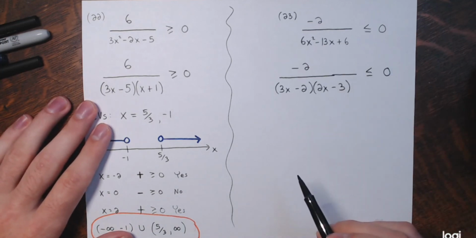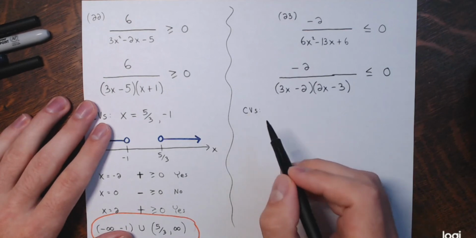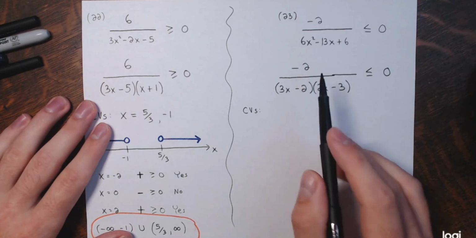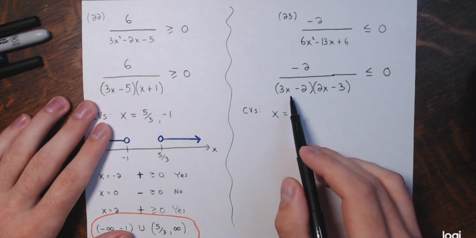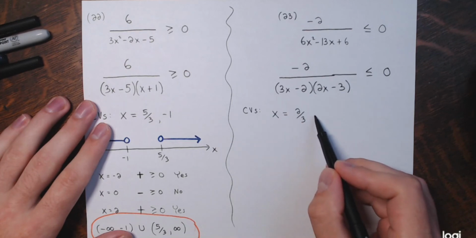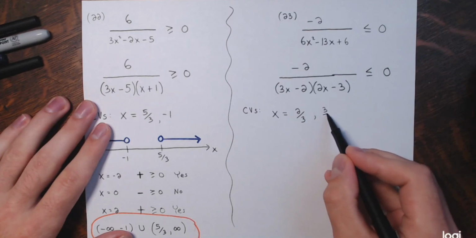Alright, so now that everything's factored, right, single fraction on the left, 0 on the right, we can easily state the critical values, right, the CVs. Nothing makes the numerator 0, it's always negative 2. But there are values that make the denominator 0, and that'd be positive 2/3 and positive 3/2.